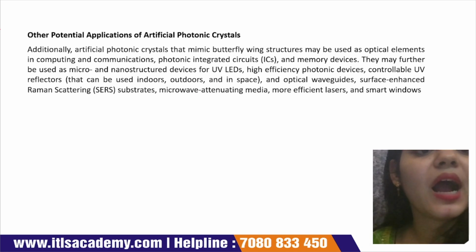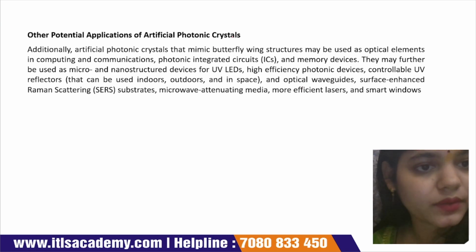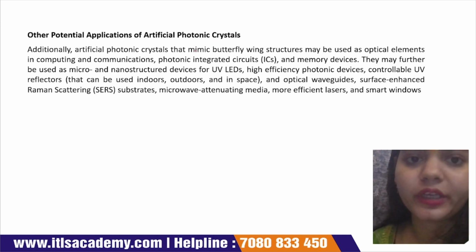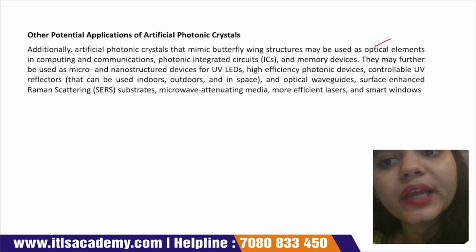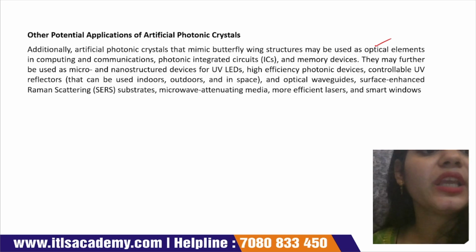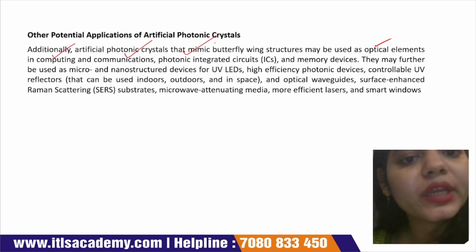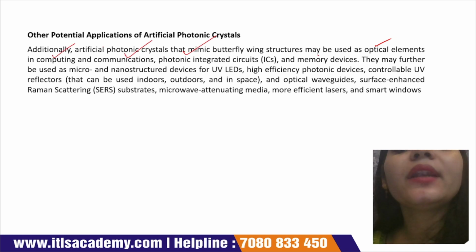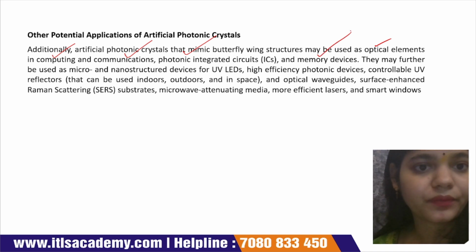Now we discuss other potential applications of artificial photonic crystals. Artificial photonic crystals, that is biomimetic butterfly wing structures, may be used as optical elements and have lots of applications in computing, communication, photonics, integrated circuits and memory devices.